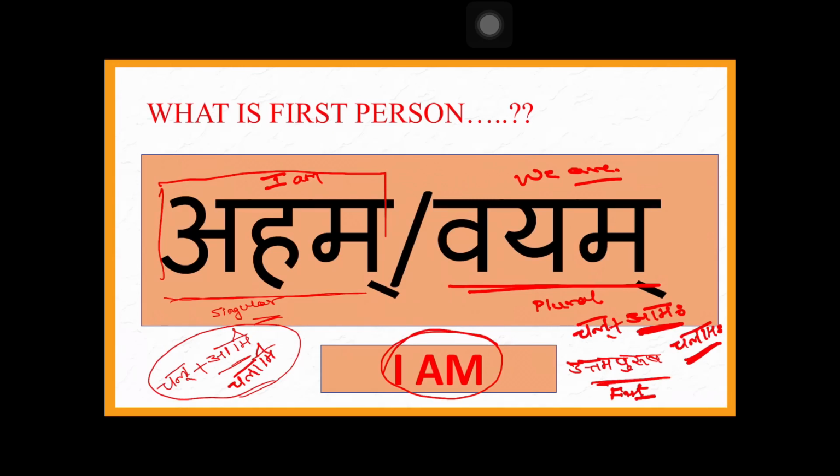Then how will this vayam go? Yes, vayam is the plural form of aham. So vayam chalamaha, vayam khadamaha, vayam pibamaha. When you are using a verb like chalamaha, khadamaha, gachamaha, then the subject will be vayam only, always.